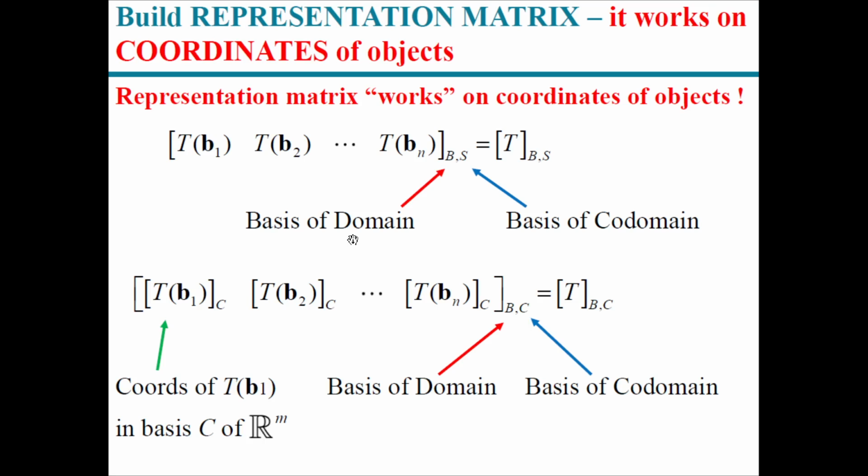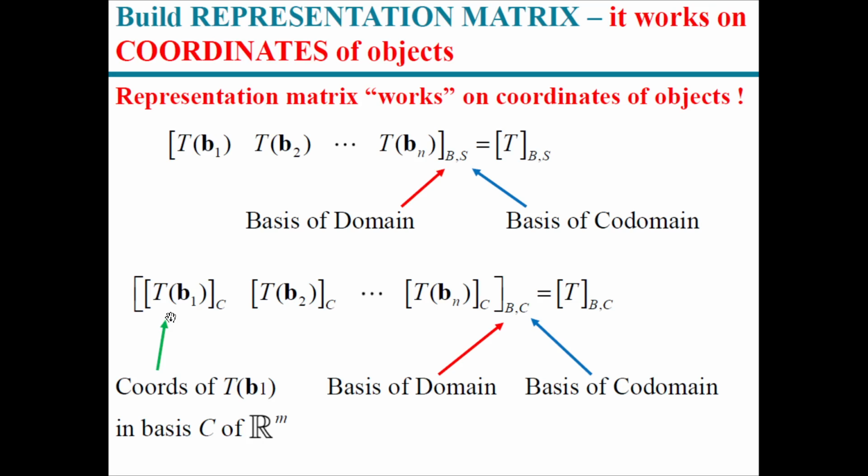Similarly, I need to apply T to the basis B as I did here. But now my outputs, I need them in the coordinates of basis C. So I need to take each single one of these and find its coordinates in basis C. So that's what I have here. So this is a vector containing the coordinates of TB1 in basis C.